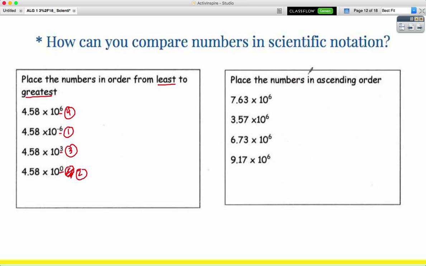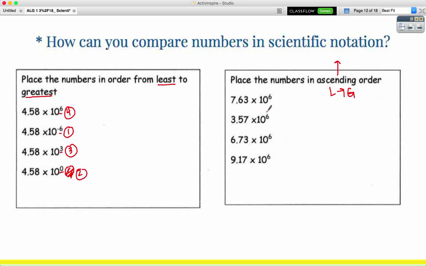So the next example, ascending order. Ascending is the opposite of descending. Ascending's going up, so from least to greatest. This is the example I was talking about. All of these are +6 exponents. That's when we have to say, okay, they're all equal to each other in terms of this. Now we need to look at the expressions out front.